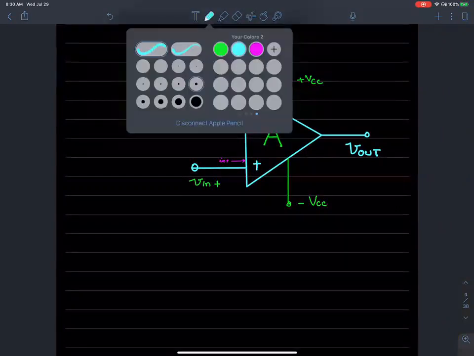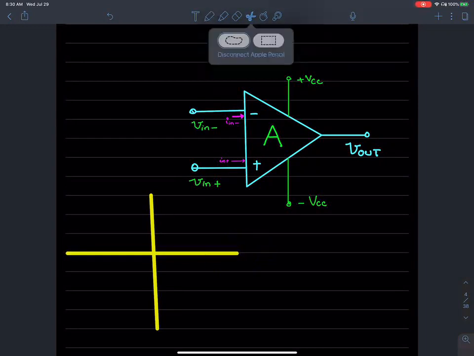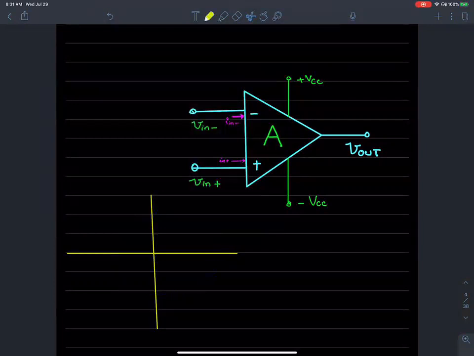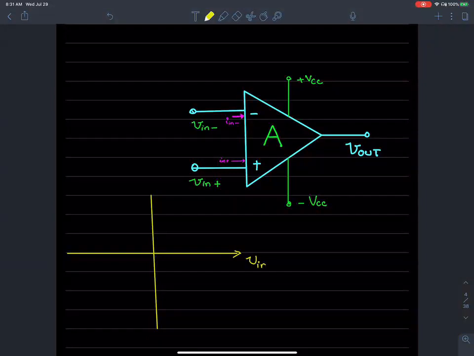If you were to plot the output of an op-amp as a function of the input, on the x-axis you're going to plot the difference, V in plus minus V in minus, the difference between the two terminals. And on the y-axis, you're going to plot the V out.